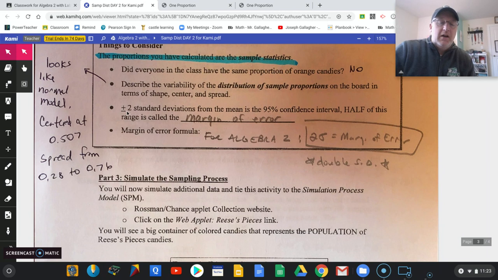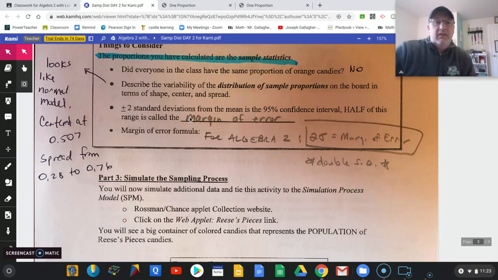And like we talked about before with the normal model, we know we can go plus and minus 2 standard deviations from the mean, and that's the 95% confidence interval. Now, we haven't called it a confidence interval yet. We'll talk more about that next year as well. But we know that the 68, 95, 99.7 rule tells me that if we have a normally distributed set of data, 95% of the data points will fall within 2 standard deviations of the mean.